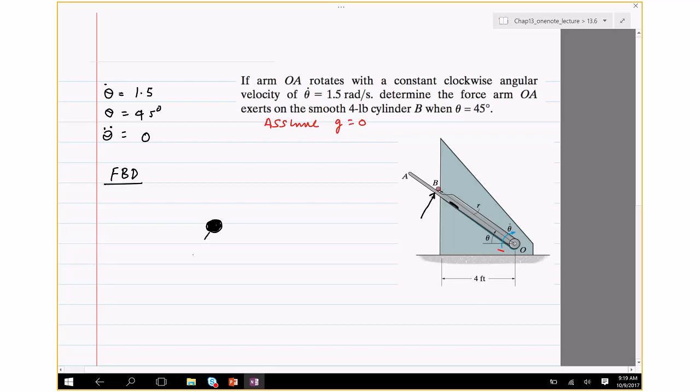So I'm going to show that here. And let's call that N. So I'll just be consistent with my notes. I called that N2. Okay, and that force will basically be this way. It's going to be 90 degrees.